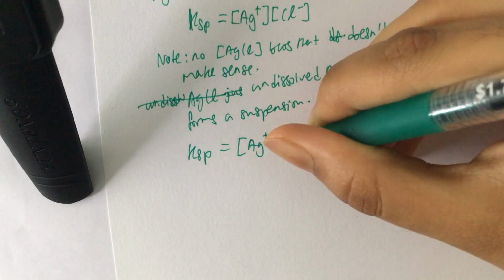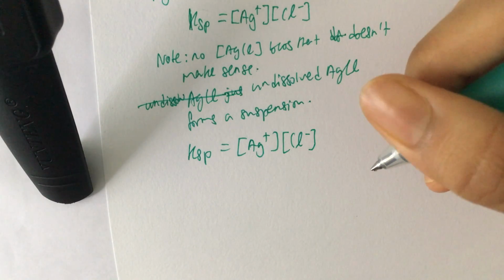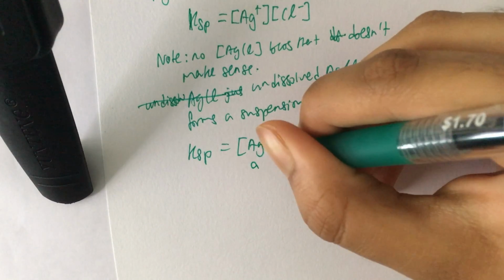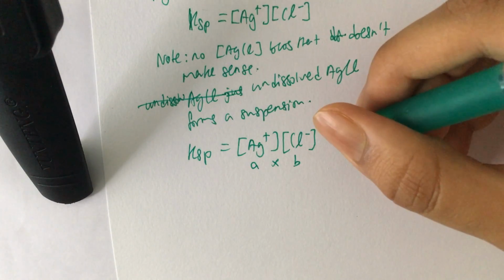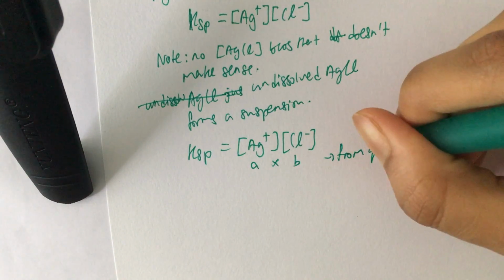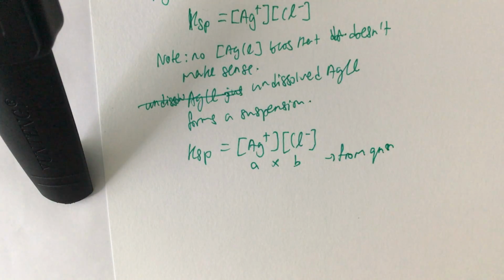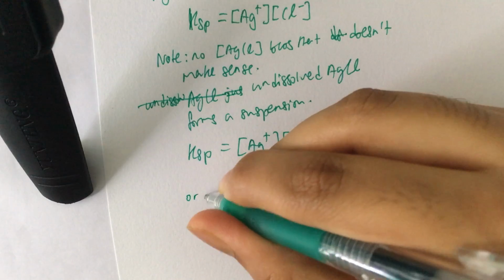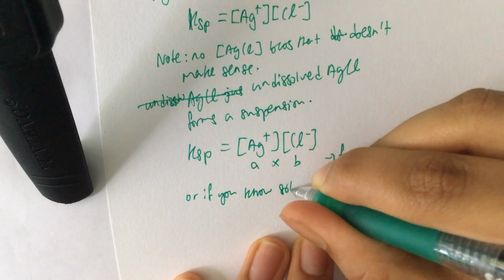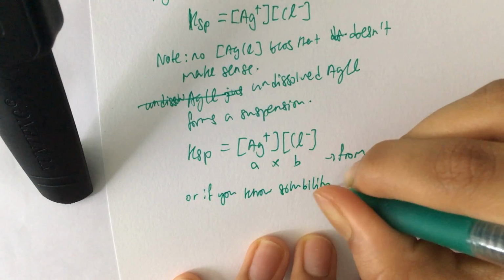To calculate KSP, make sure you have the right value for each ion concentration, because the ion may not necessarily come from the thing that is dissolving, but may also be present in the solution. For example, if you put AgCl into water that already has KCl, there's going to be way more Cl- ions than Ag+ ions, and you have to write that number into your equation as well.